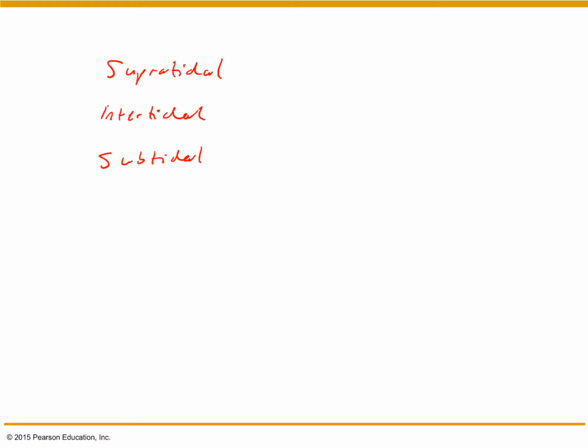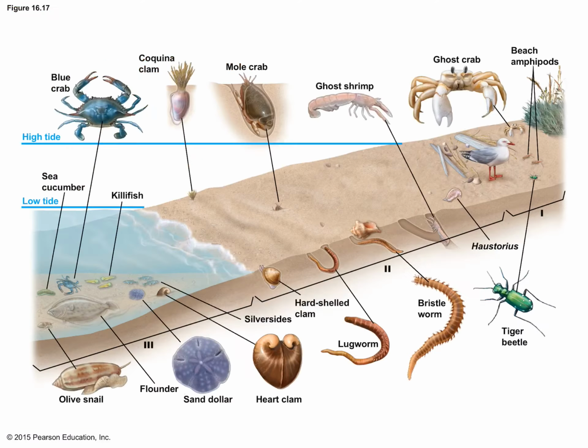You'll get fish that normally stay in the subtidal, but they'll come up into the intertidal when the tide line goes high enough. So you get temporary assemblages of species in the intertidal that weren't there during low tide. Lots of fluctuation, lots of change.